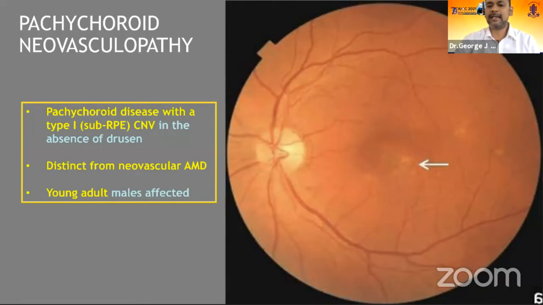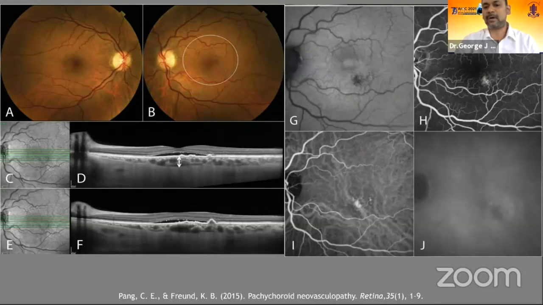So this is what I said: in the absence of a chronic CSR setting, pachychoroid disease with subretinal fluid and a type 1 neovascularization, we call it pachy neovasculopathy or PNV, which has a thick choroid, subtle shallow PEDs, and the fluorescein showing a stipple leakage, and ICG angiography showing the hot spot, suggesting a neovascularization.